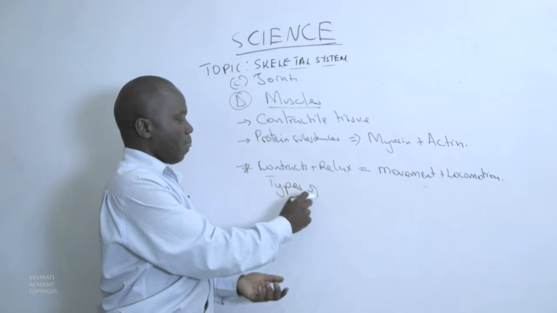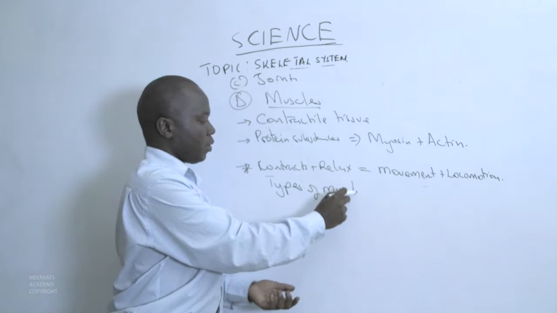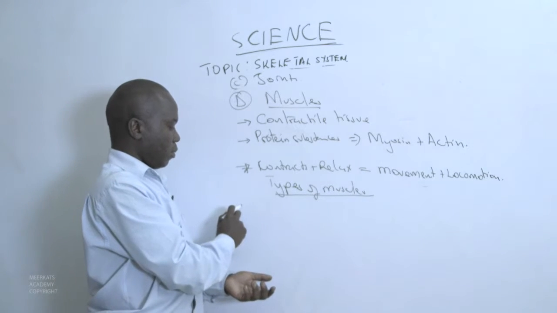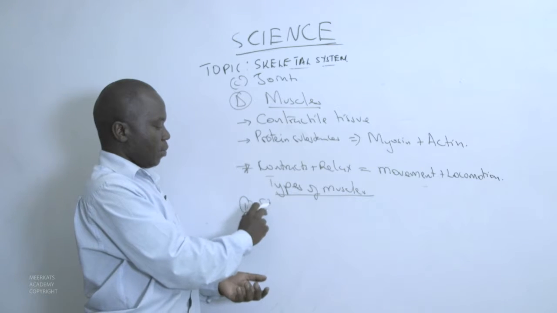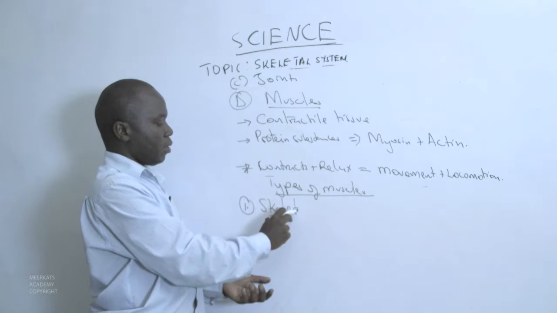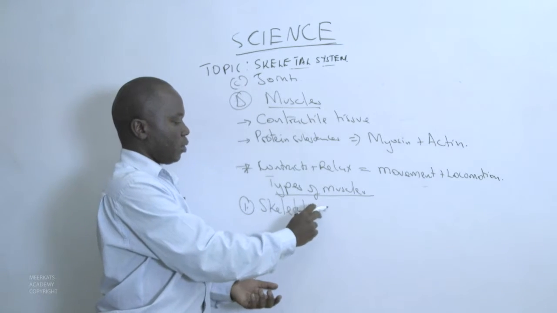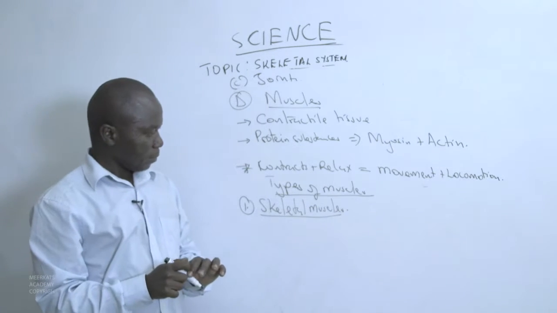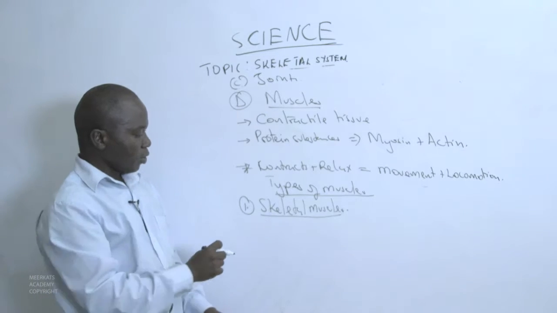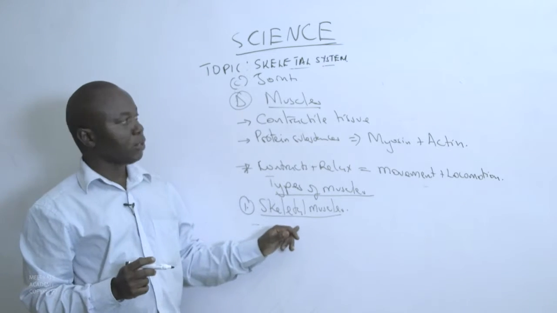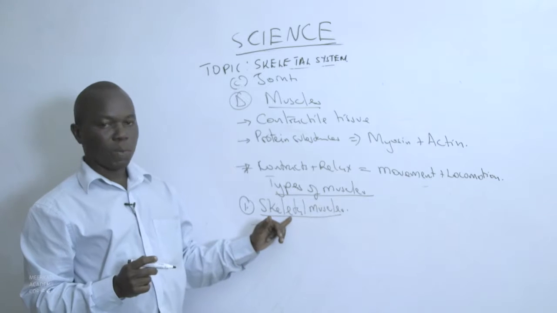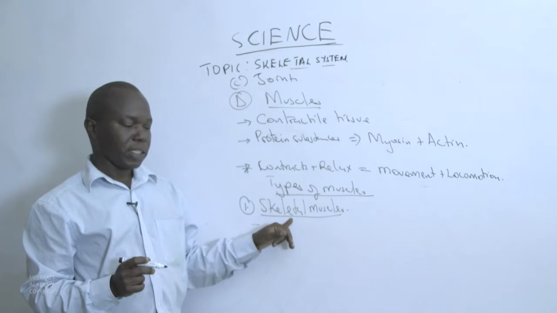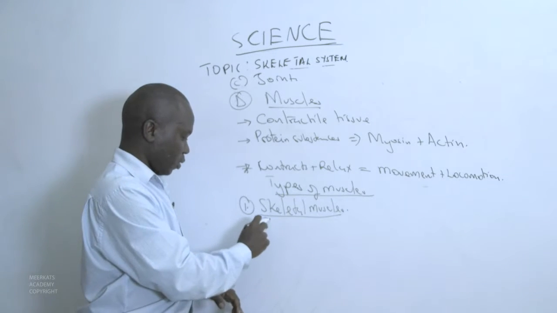Types of muscles. We have three types. We have skeletal muscles. Skeletal muscles are usually found attached to the skeleton. That's why they are called skeletal muscles.